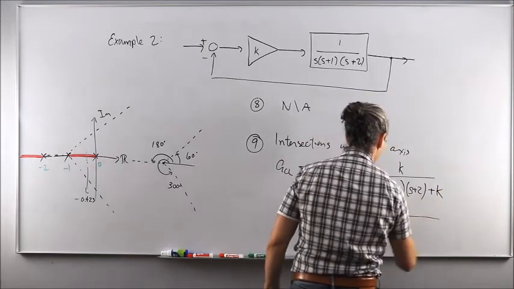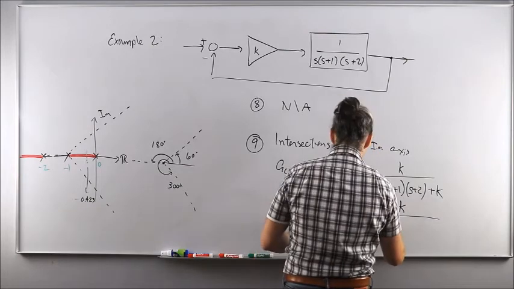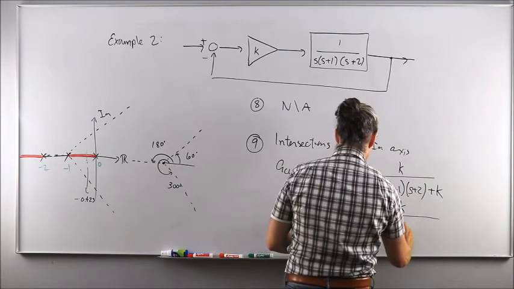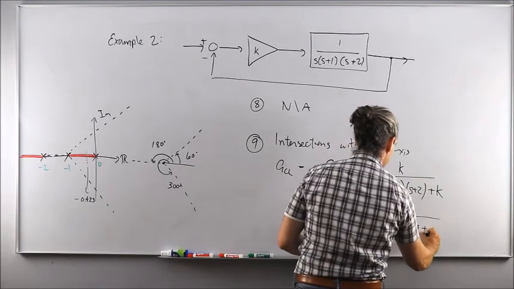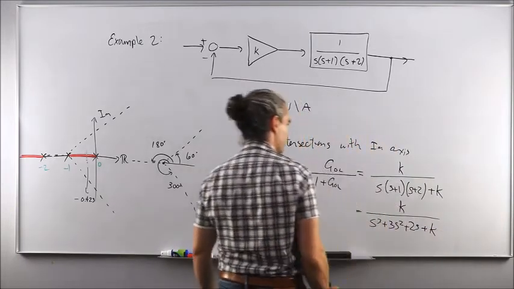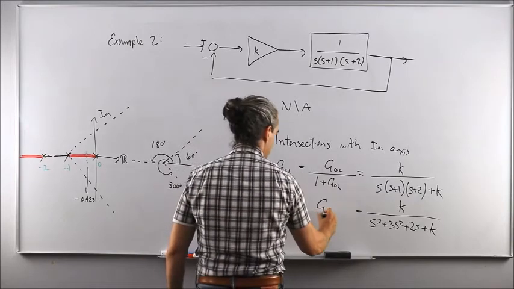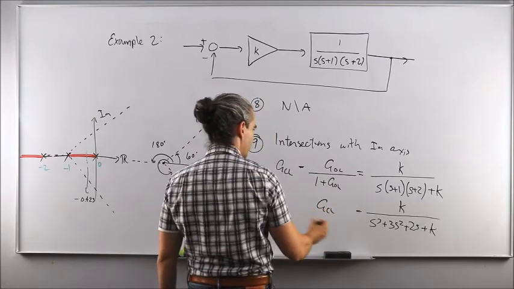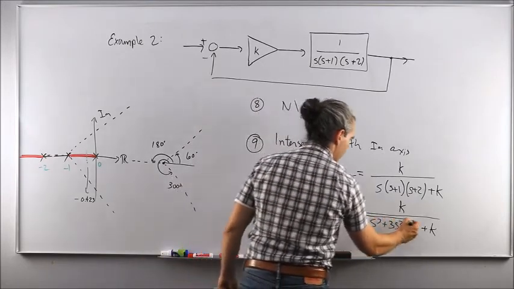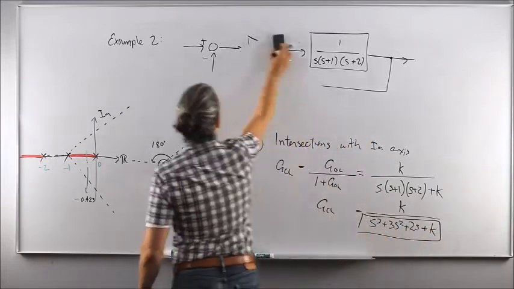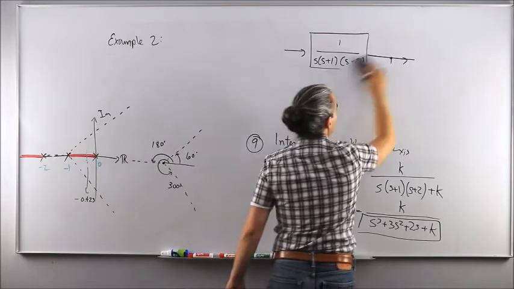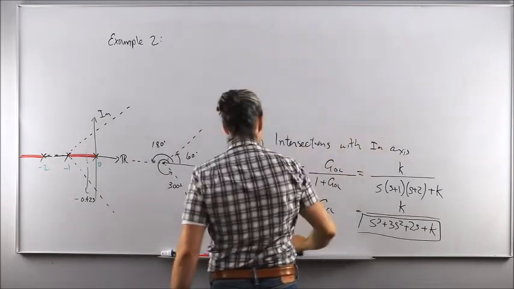or alternatively k over s cubed plus 3s squared plus 2s, as we had obtained previously, but plus the numerator. That is your closed-loop transfer function, and therefore your characteristic equation that you're going to use for this step is just going to be denominator equal to 0.